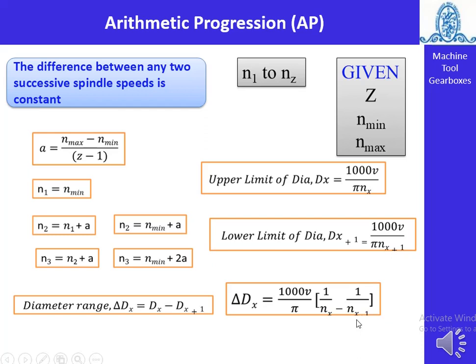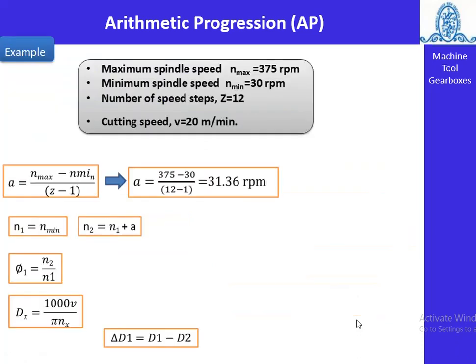From this we will take one example. The maximum spindle speed is 375 rpm and the minimum spindle speed is 30 rpm. The number of speed steps we take is z equal to 12, and the cutting speed is v equal to 20 meters per minute.